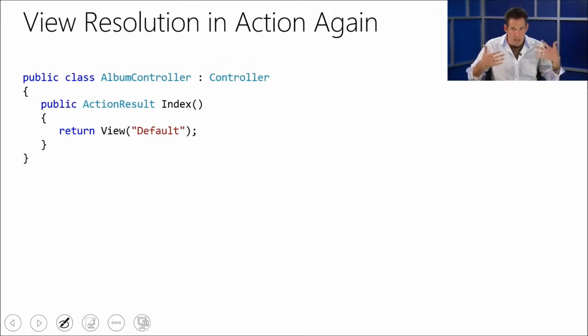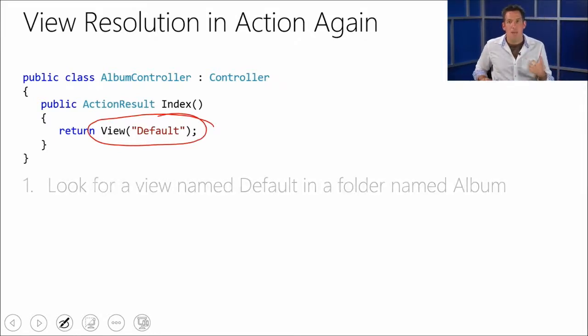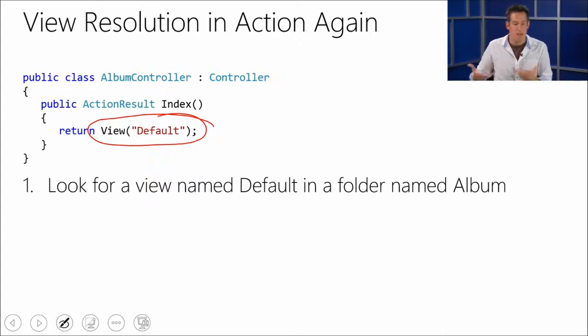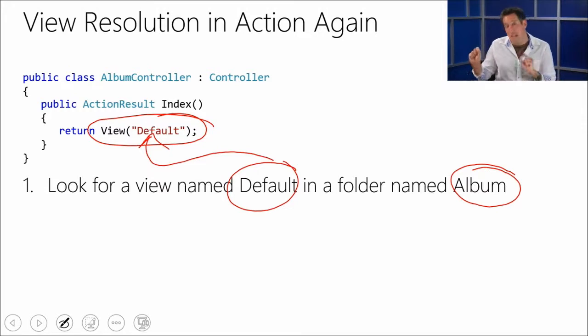So it's really the same form. What we could do is specify the name of the form that I want to use. The workflow basically still stays the same. Once again, it's going to look inside that folder called album, but this time it's going to look for something called default, because that was what I told it. I want the name to be default.